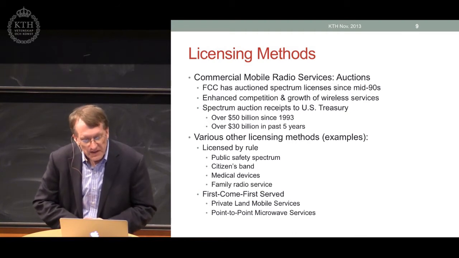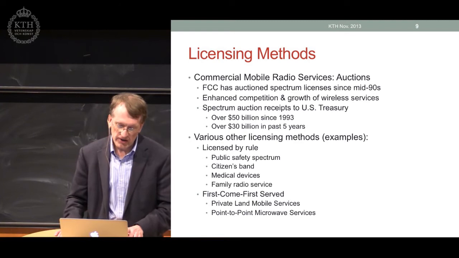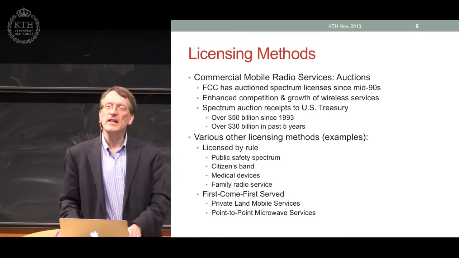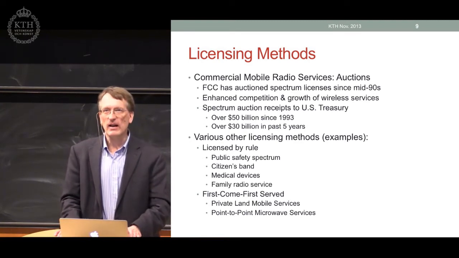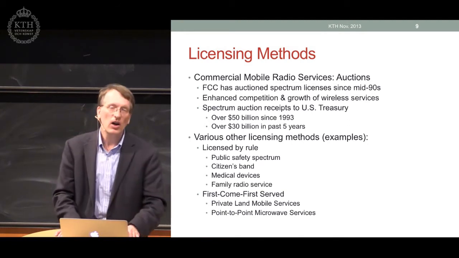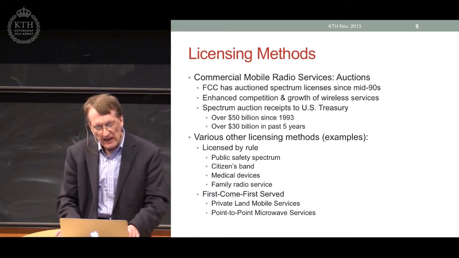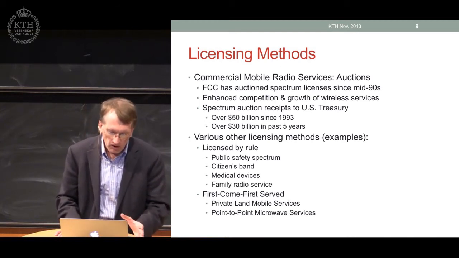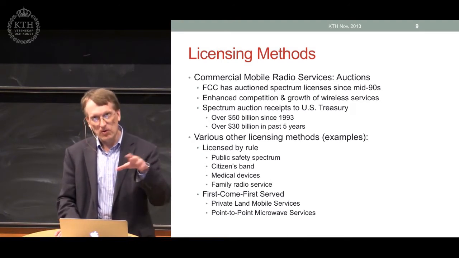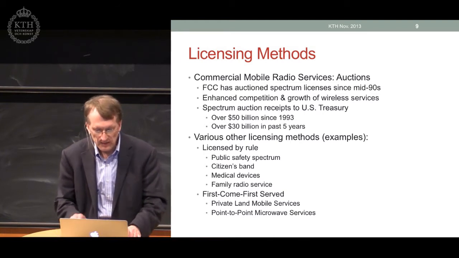So in the US at least, since the first auction in 1993, $50 billion have been spent by radio-related companies, primarily cellular, on spectrum. So it's a big amount of money. There are other licensing examples by rule, where you simply say a certain rule, you have to use certain types of emissions and all of that. And there's first come, first served as well.